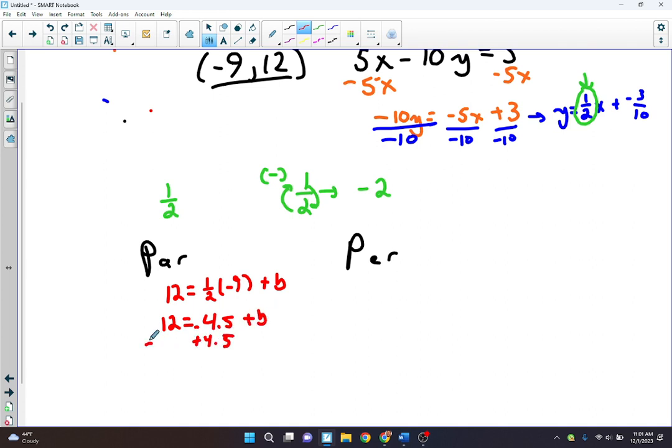Add 4.5 to both sides. This is going to be 16.5 equals b. Please don't forget the final actual answer is going to be y equals 1/2 x plus 16.5.